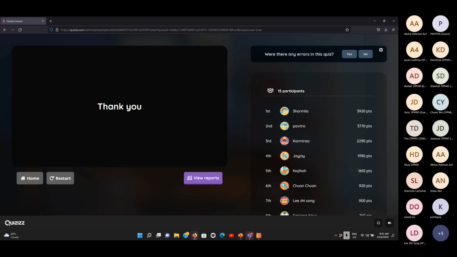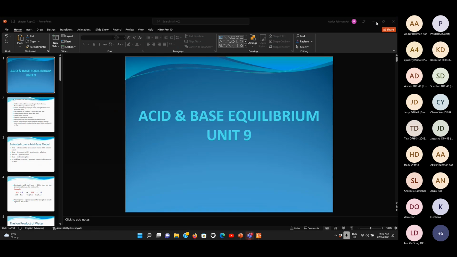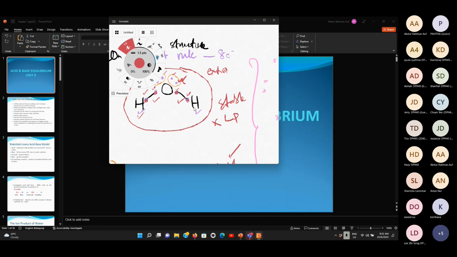So kalau dia dissociate, kalau sesuatu bahan yang ada hydrogen dan dia dissociate menghasilkan hydrogen ion, that is acid. Kalau dia dissociate menghasilkan OH minus ion, dia adalah base.